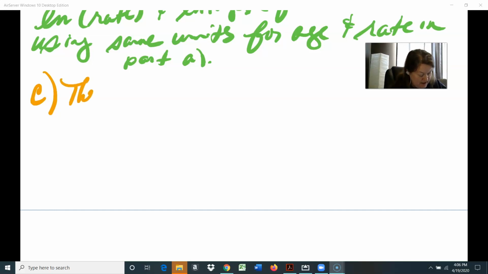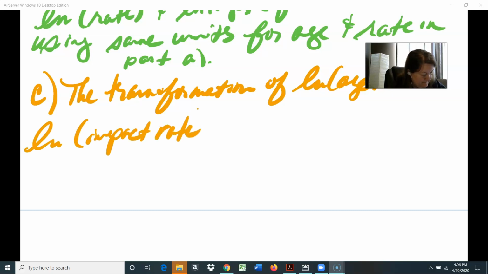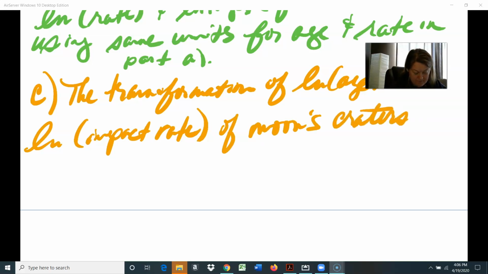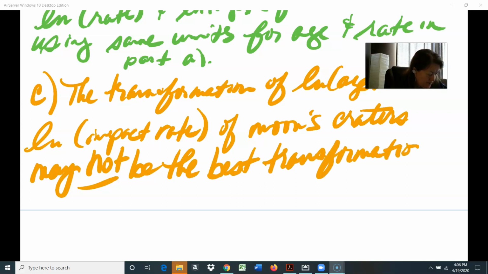And I would say the transformation of ln of age and ln of impact rate of the moon's craters may not be the best transformation for these data.